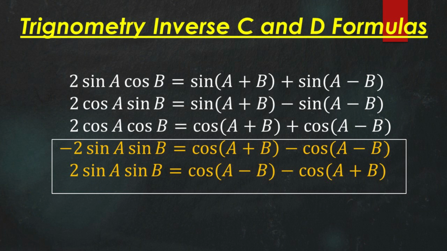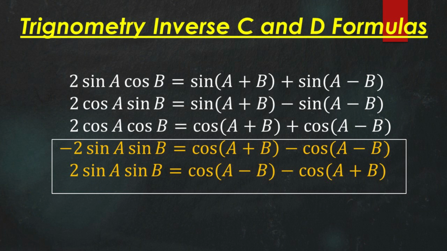If you have a product of two trigonometric ratios, then we can turn it into the difference or addition formulas using this formula set. Basically the first one is 2 sin A cos B equals sin(A plus B) plus sin(A minus B).